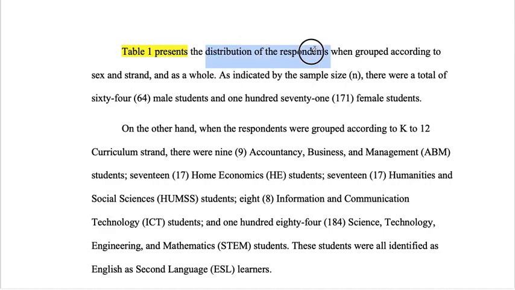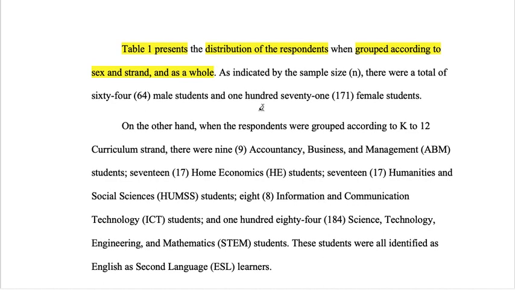The distribution of the respondents when grouped according to sex and strand and as a whole. Meaning, there is a table below illustrating the distribution of respondents according to sex and strand and as a whole. So take note that the researcher here is now starting to write the data commentary.